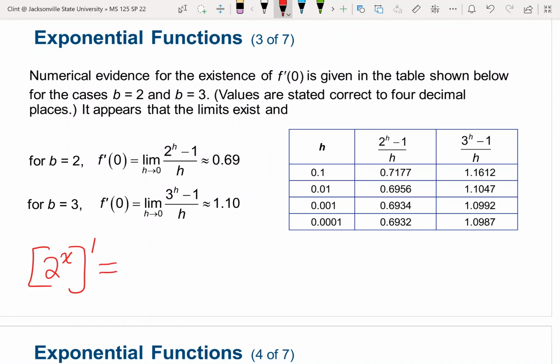So it's approximately 0.69 times 2 to the x. That's weird. We just get this number from somewhere times itself. And you can get more precise.